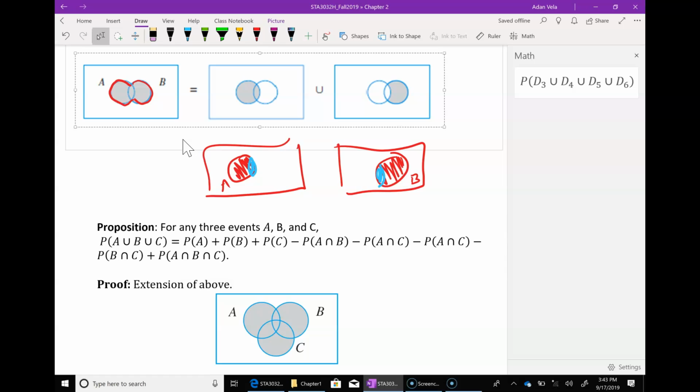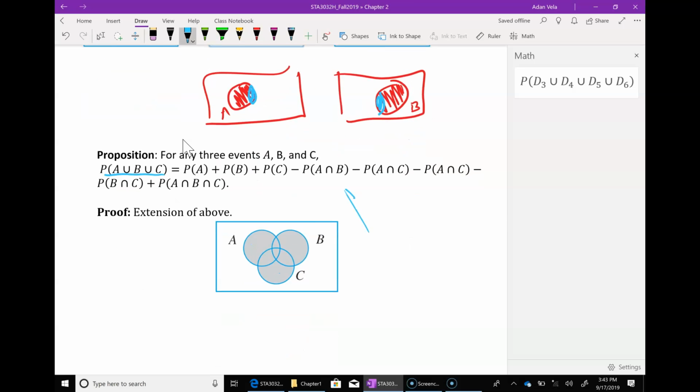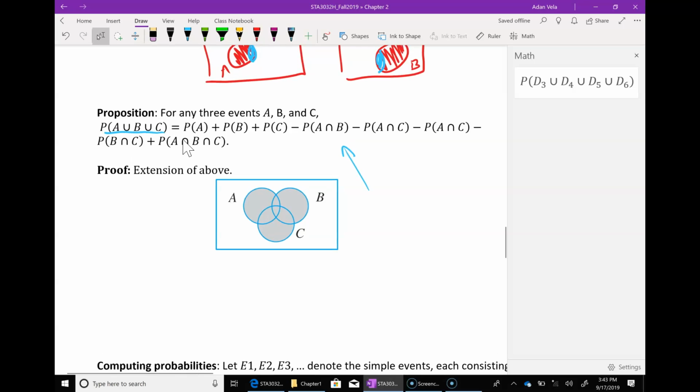Doing it for 3 sets is more or less the same idea, right? All you're really doing, so, this is the equation, we don't need to work through it, but all you're really doing is you're breaking it apart. So before you had sort of 3 sets, right?